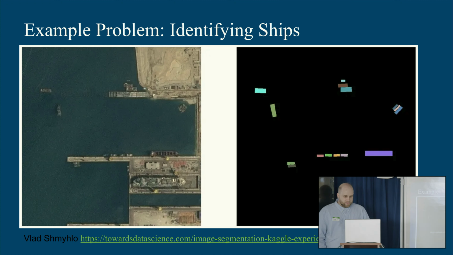This was taken from a challenge that was done for machine learning, but you could easily see maybe a defense contractor or someone else wanting an application like this. So your task here is to identify ships. What you're going to end up doing is probably a semantic segmentation task.